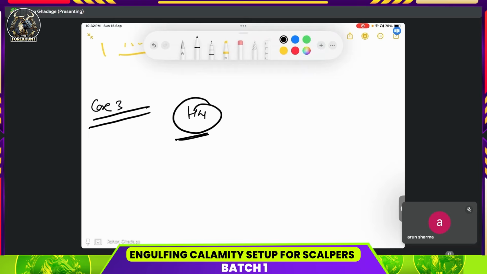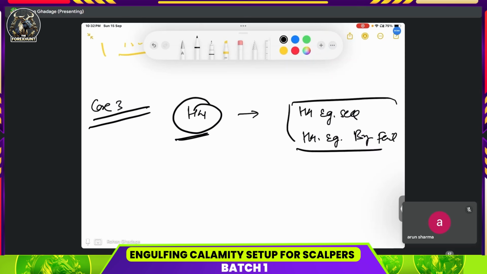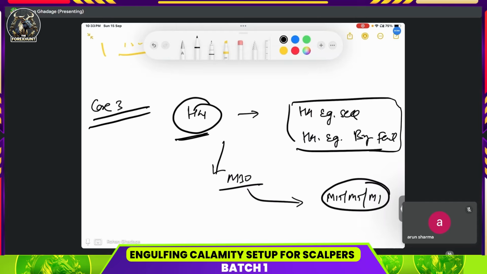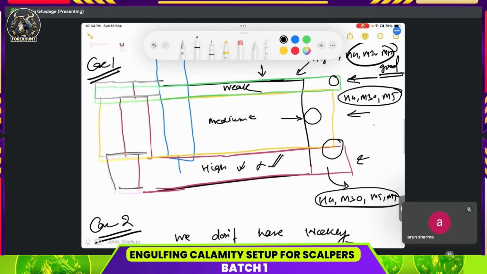You can simply choose H4 engulfing sell or H4 engulfing buy fail. Same thing, you have to focus on the lower time frame M30, then you will move to M15, M5, or M1. Is it clear? Total three cases, everyone?